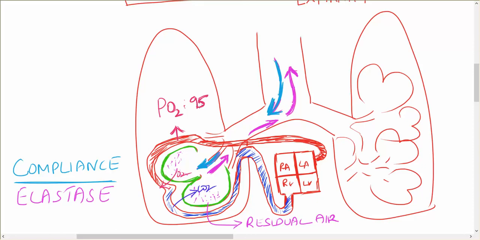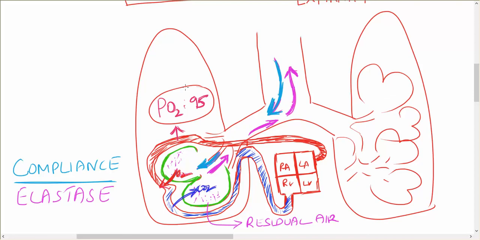So when the carbon dioxide goes out and the oxygen comes to the blood, the partial pressure of oxygen should be 95.